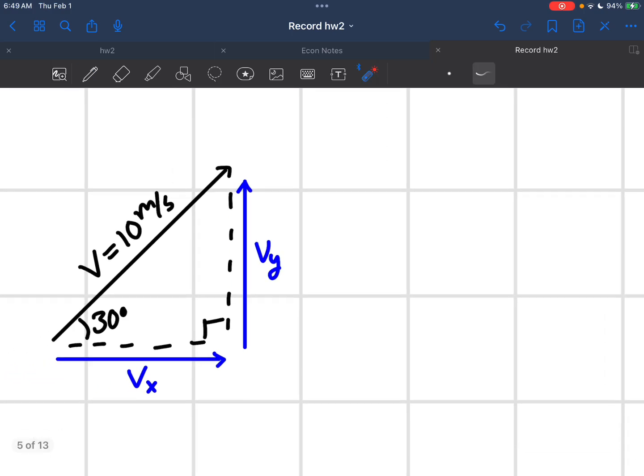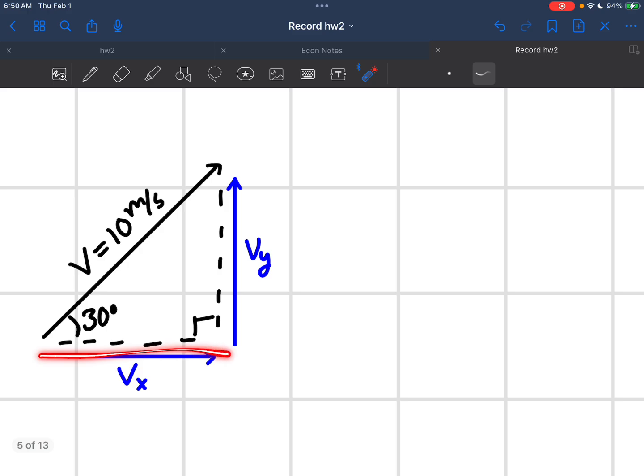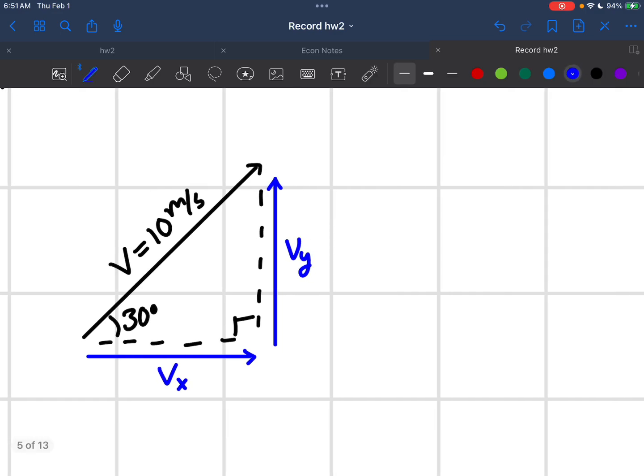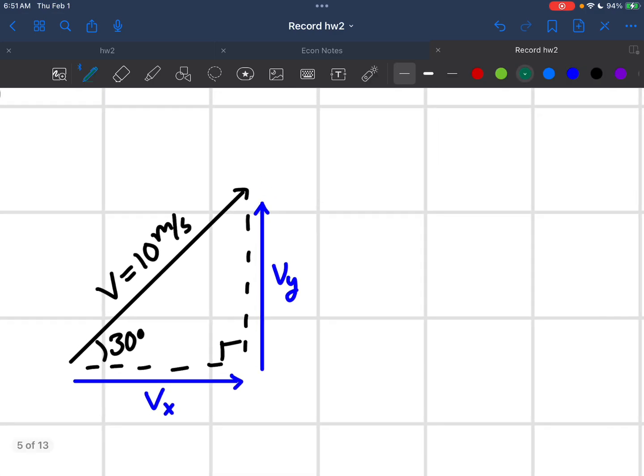Okay. And I always want to draw it so that my Vx vector plus my Vy vector gives me my resultant. When I'm adding vectors, I go tip to tail, and my resultant goes from the beginning to the end. Once I have my right triangle all set up, then I throw a trig function at it.